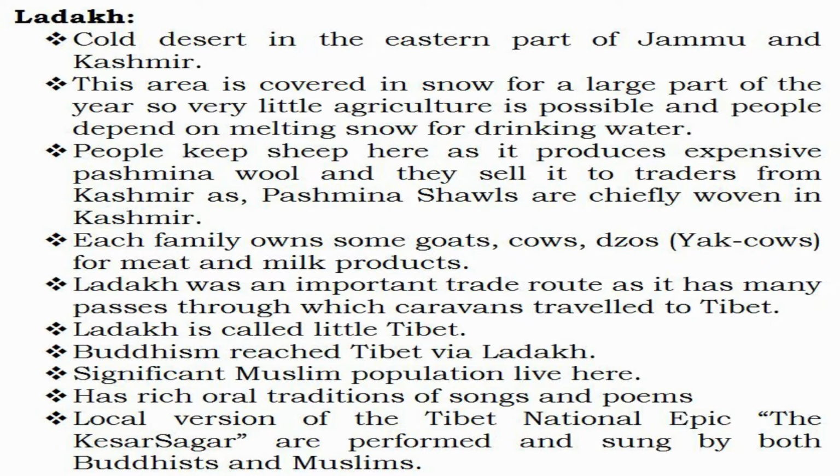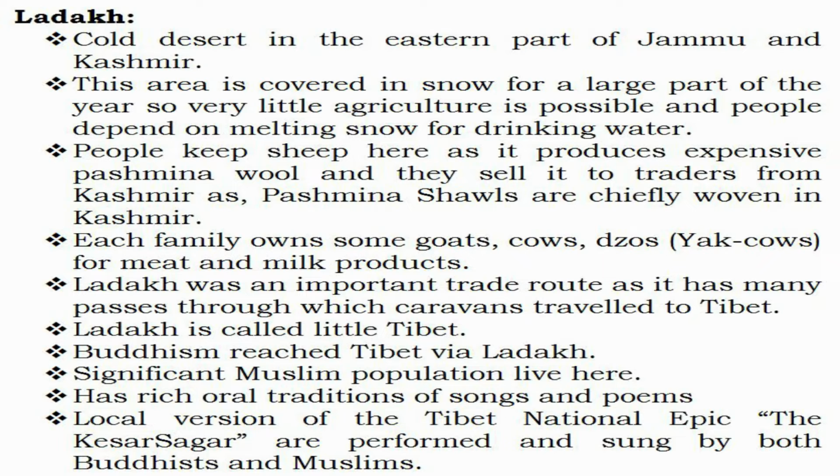Now again वहाँ का जो पॉपुलेशन है मैक्सिमम क्या है, मुस्लिम्स. ओके, मुस्लिम significantly population lives here. ओके, and they have rich oral traditional songs and poems. उनका जो ट्रेडिशनल पुराना जो सॉन्ग्स है, सॉन्ग्स और जो कविता है, ओके, उनका एक लोकल वर्जन तिब्बतन नेशनल एपिक है, उसको जो कहते हैं केसर सागर, जो परफॉर्म करते both मुस्लिम्स and बुद्धिज्म.